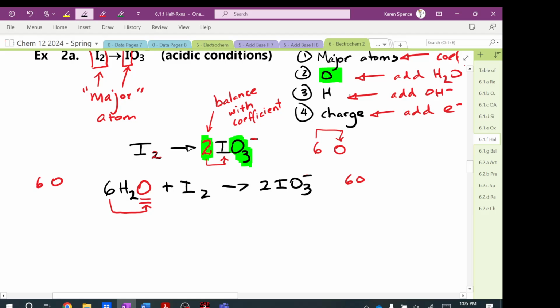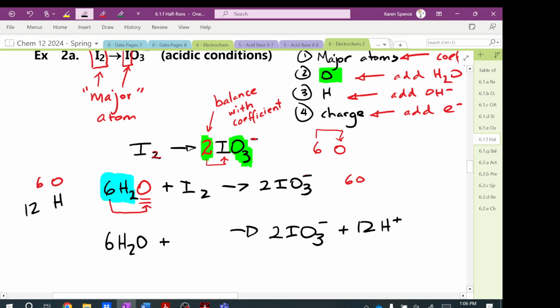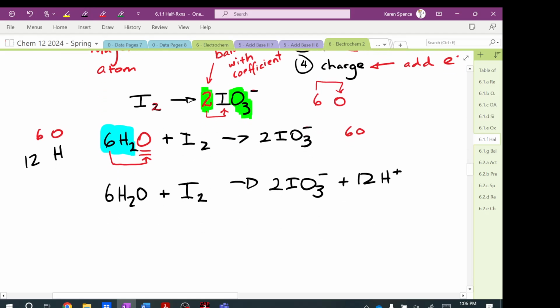Next comes hydrogen. How many hydrogens do we have? We have 12. Yes, 6 times 2 is 12. So over on the right-hand side, we need to add 12 H+. And now we need to do our charge.